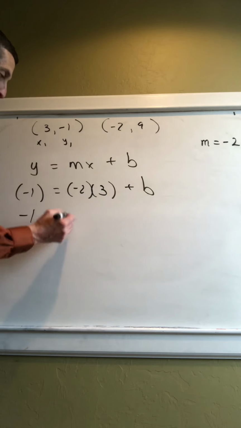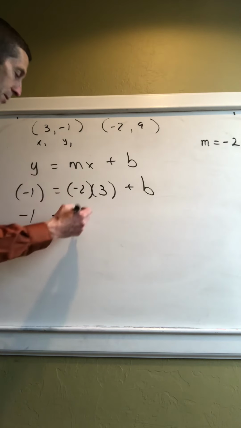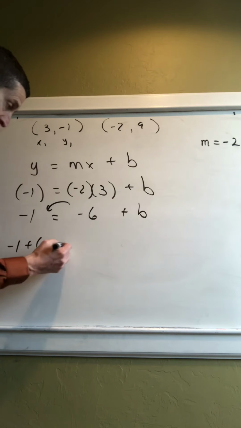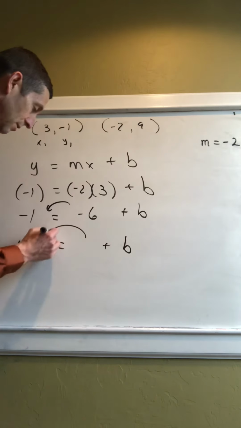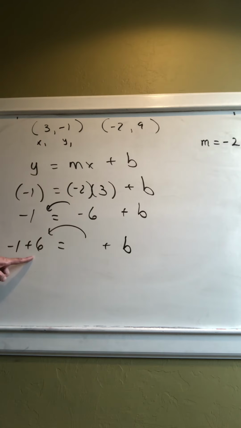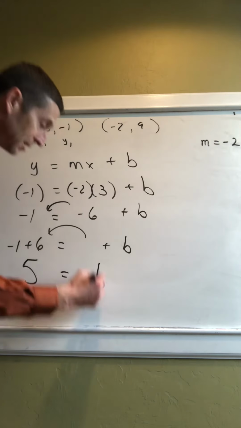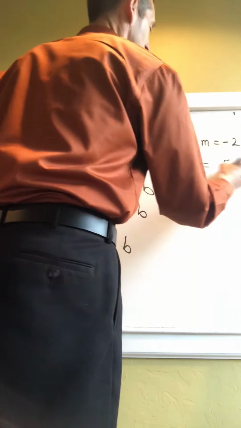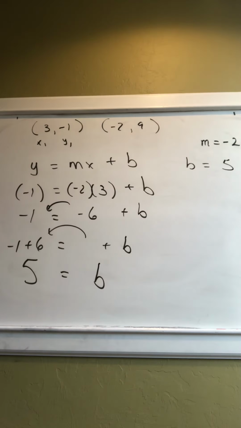So here we go: negative 1 equals negative 2 times 3, which is negative 6, plus b. Trying to solve for b, so you've got to move this negative 6 over here. And remember, when he comes over, he was negative. When you cross the equal sign, he becomes positive. And so you end up with 5 equal to b. So we have m, we have b, we've got exactly what we need.